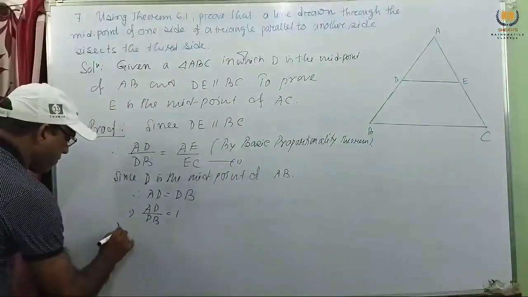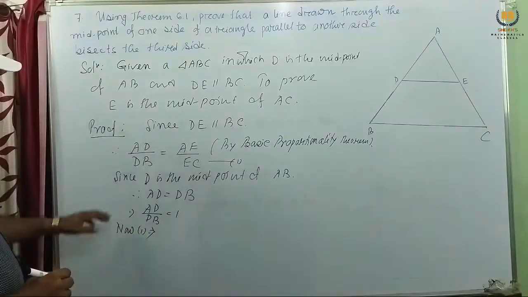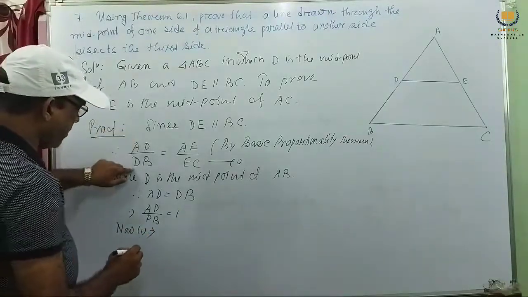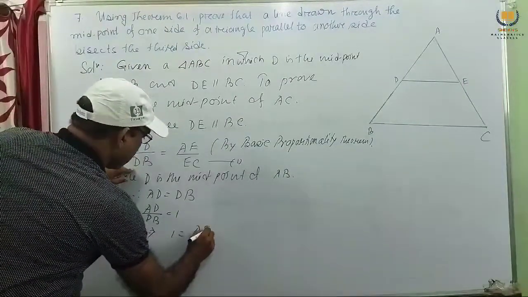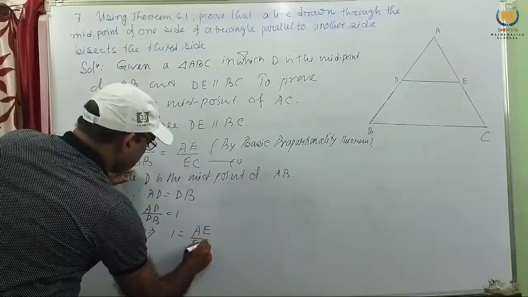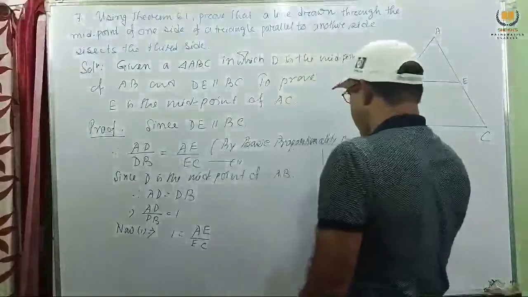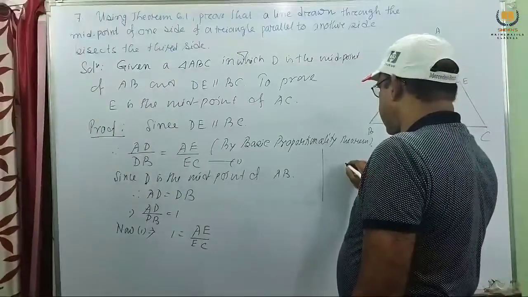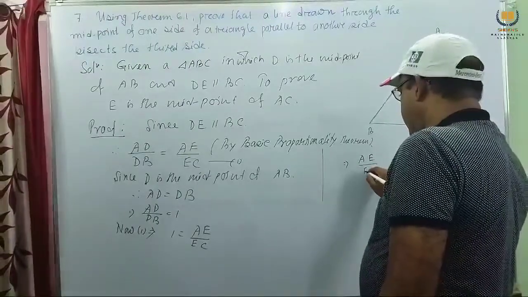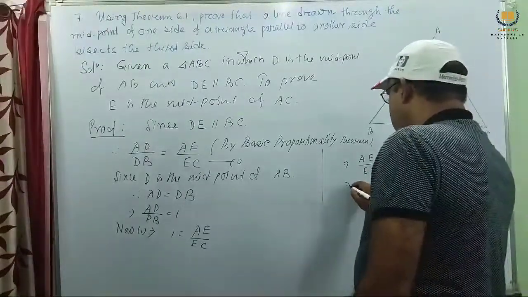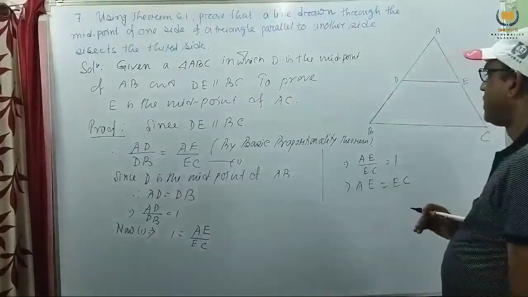Now, in 1, AD by DB we put 1, equal to AE by EC, or we can write AE by EC equal to 1, or AE equal to EC.